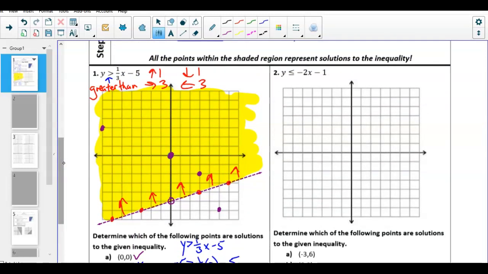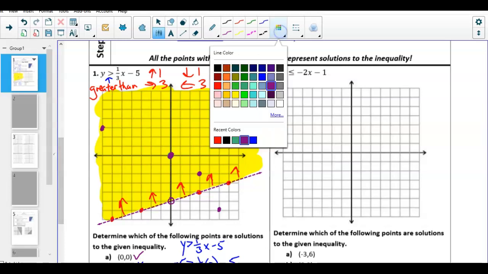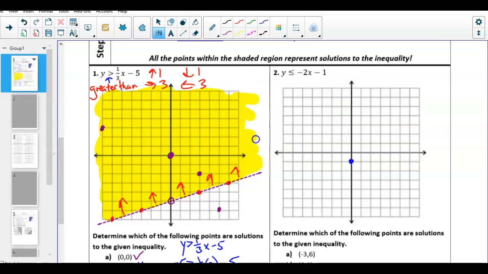It's in slope-intercept form already. My y-intercept is at negative 1. And then my slope is negative 2. So I can go down 2 and to the right 1, or I can go up 2 and to the left 1 from there. So up 2, left 1, as many times as possible, fill up your graph. And then down 2 and right 1, as many times as possible.